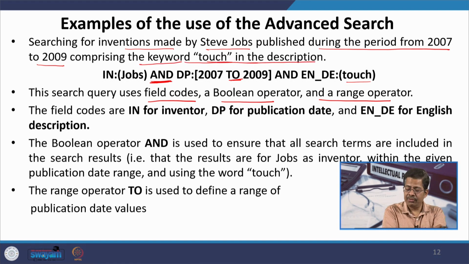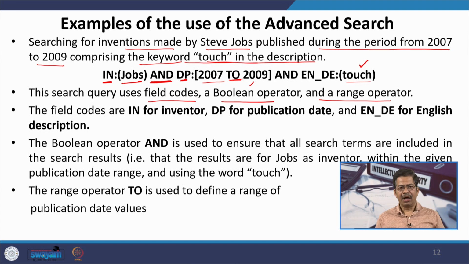So, this is the advanced search we are making. In Steve Jobs we are writing only Jobs, period 2007 to 2009, and the keyword which we are looking for in these Jobs patents is touch, and these are our field codes in Jobs applications during the period 2007 to 2009.